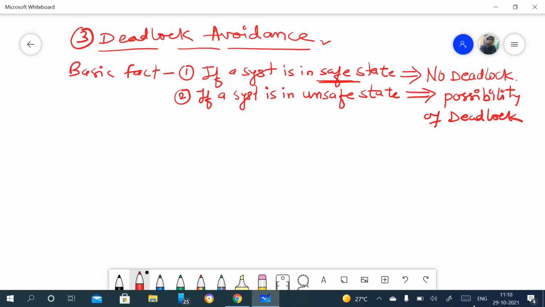So to avoid this, what we can say: ensure that the system will never enter an unsafe state.